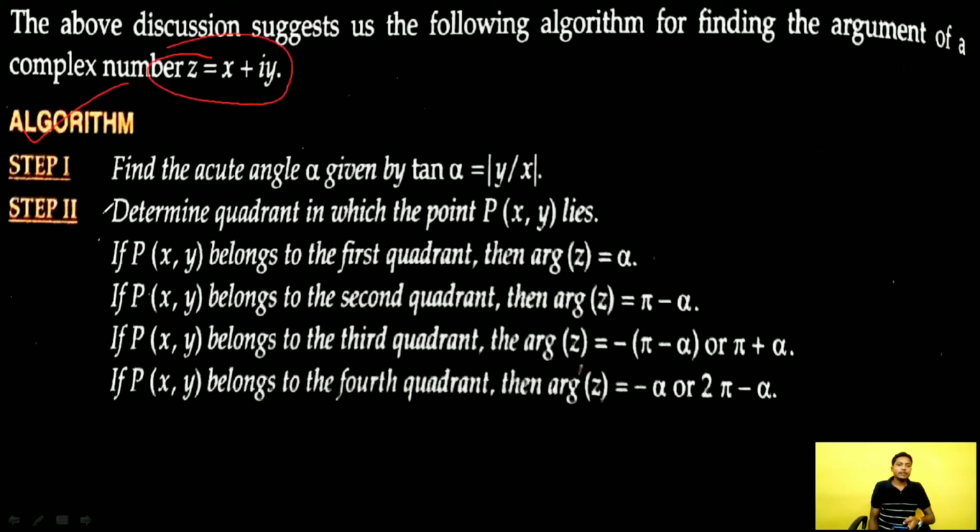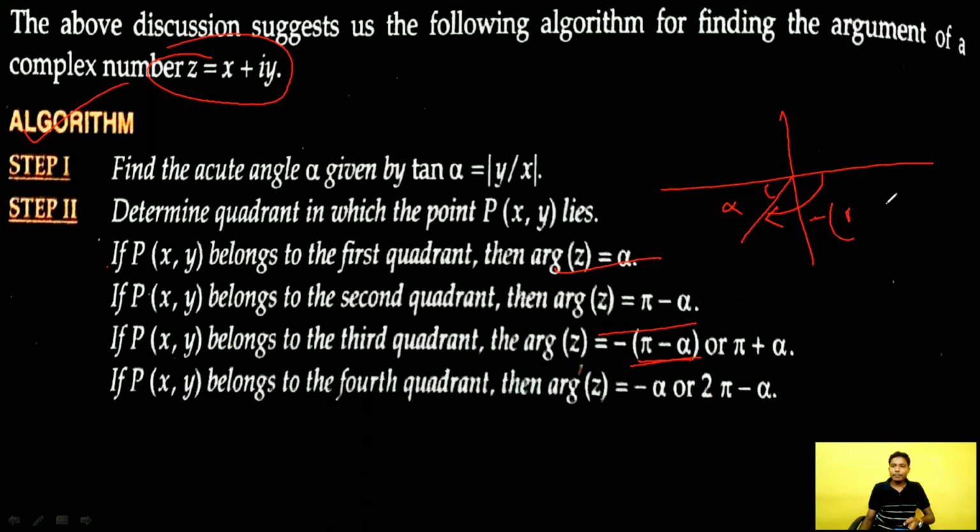For the first quadrant this, for the second quadrant this, for the third quadrant this. In the third quadrant, you can take this along this direction: if this angle is alpha, then along this direction it is minus of pi minus alpha, which is equal to alpha minus pi.